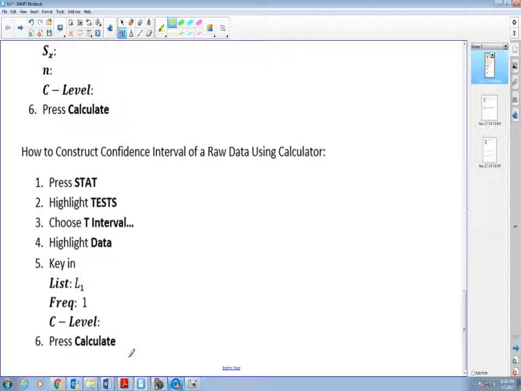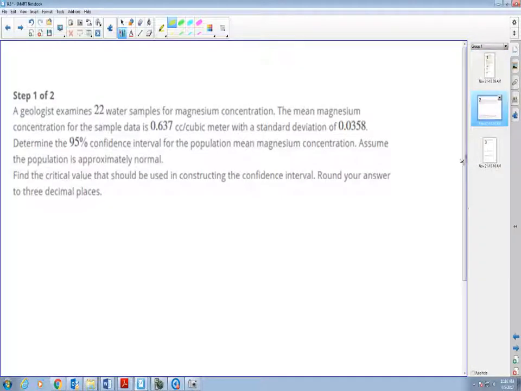Alright, let's give it a try with a word problem here. A lot of these problems are divided into steps. A geologist examines 22 water samples for magnesium concentration.